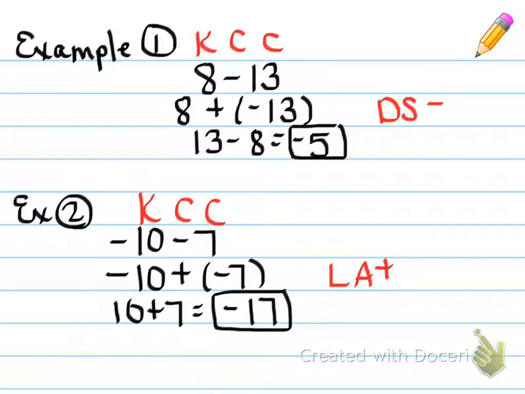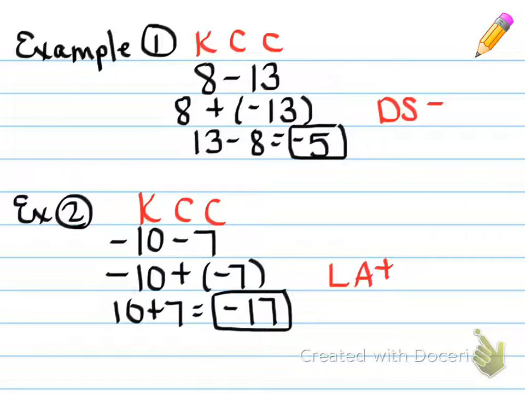So now my problem is an addition problem. I'm going back to following my LADS rules, and these are different signs, subtract. So 13 minus 8 would be 5. Is it going to be a positive 5 or a negative 5? Well, negative 13 is further from 0, so negative 5 would be the answer.